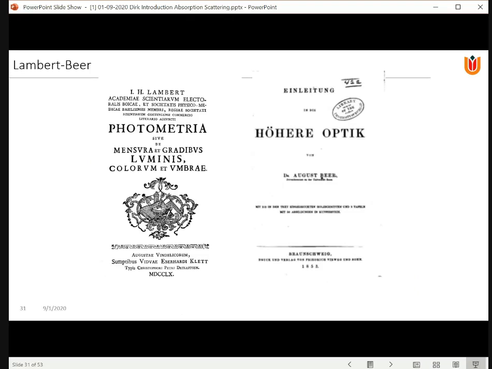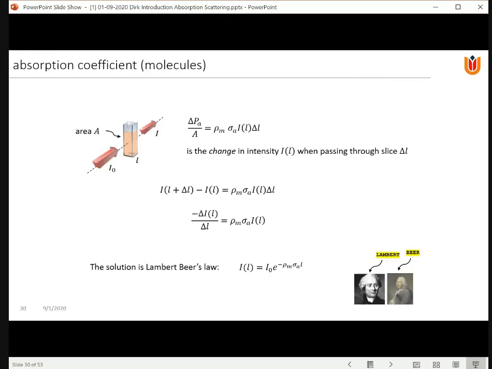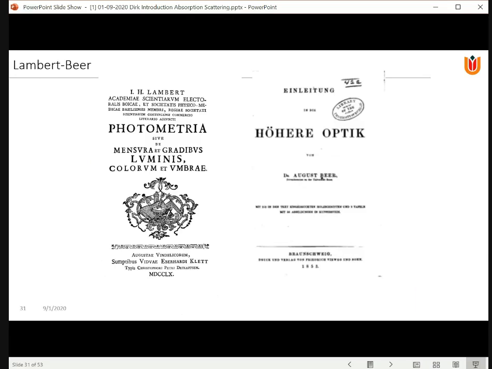The funny thing is they both contributed to this law. I'm not sure which one did which, but let's say that Lambert found out that it should scale with the number density, and that Beer found out that it should scale with the length of the cuvette. So they both had some contribution to that law.